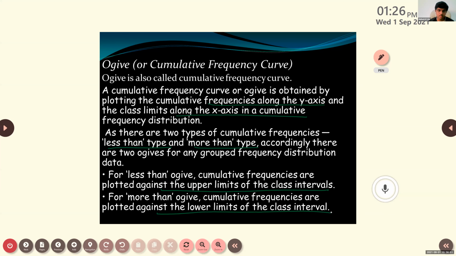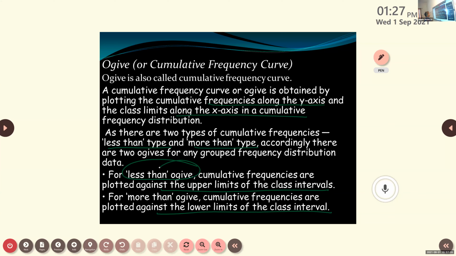Class limit in the sense of upper limit and lower limit. We have to use the upper limit of the class interval for the construction of less than ogive.